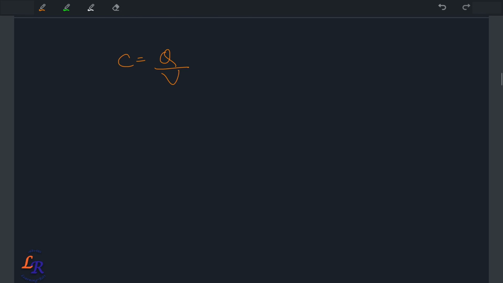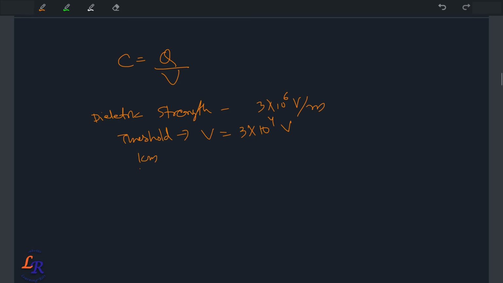And two important points: the dielectric strength is of the order of 10 power 6 volt per meter. It means that the threshold voltage between the two plates of the capacitor is of the order of 10 power 4 volt for a 1 centimeter distance between the two conductor plates.